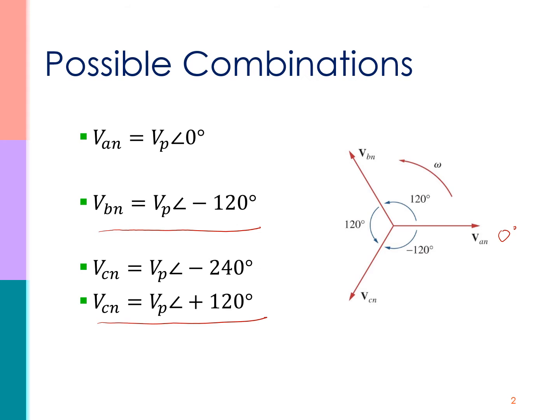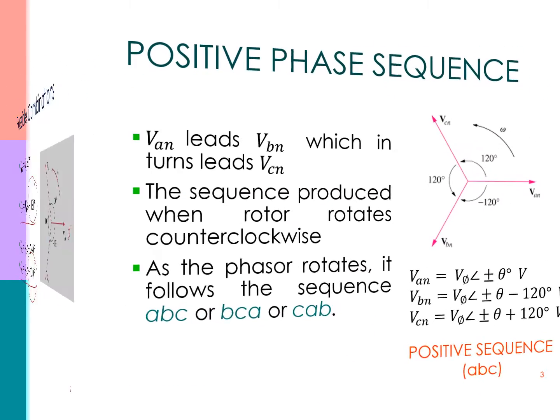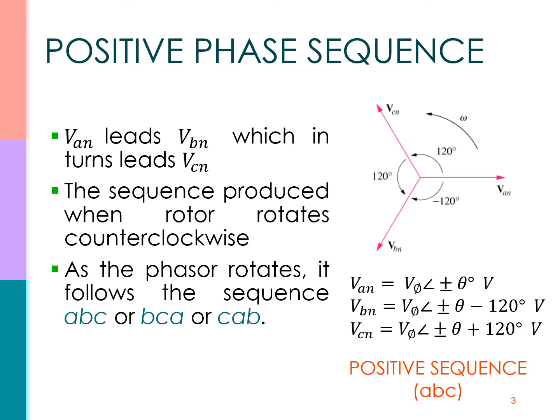So the difference from the previous combination is the angle for VBN and VCN. So VAN, VBN, and VCN form a phase sequence in positive phase sequence.